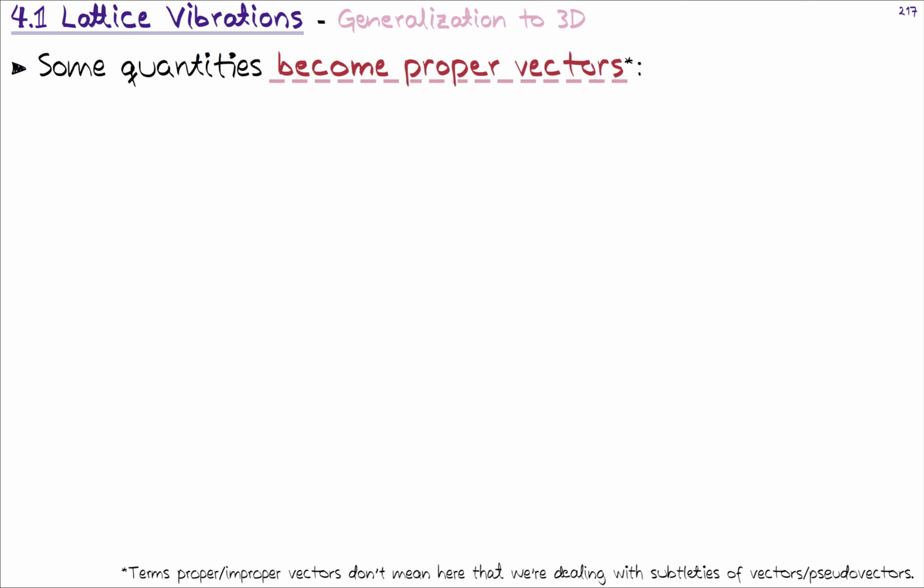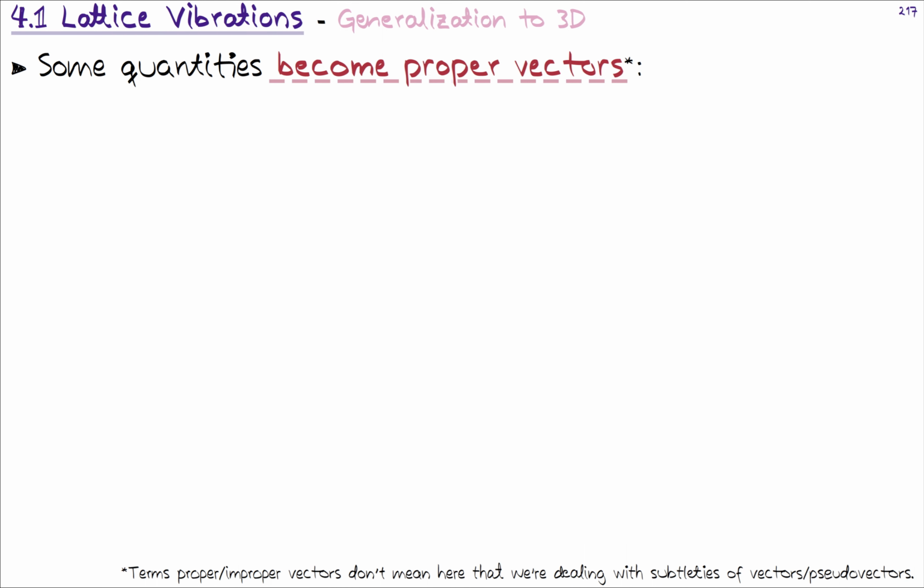I did not want to say real vectors here because some of the quantities may not be real valued, so that's why I came up with the word proper. Maybe true vectors might be a good term, but I don't think true vector means anything specific, whereas proper vector at least does have its own meaning when we are discussing physics. So essentially, with that, we are distinguishing between vectors and pseudovectors.